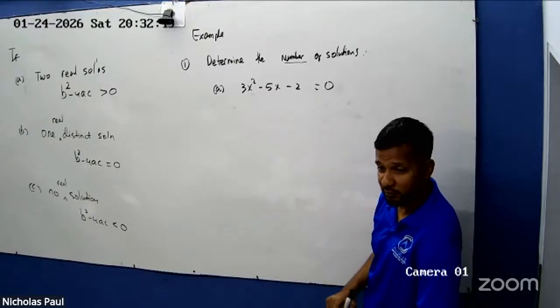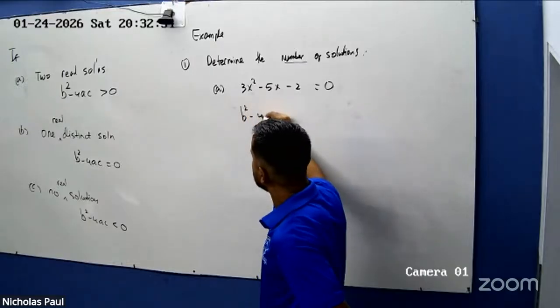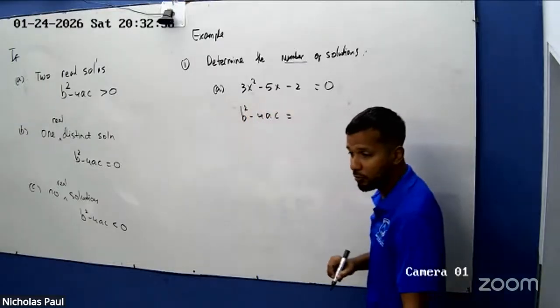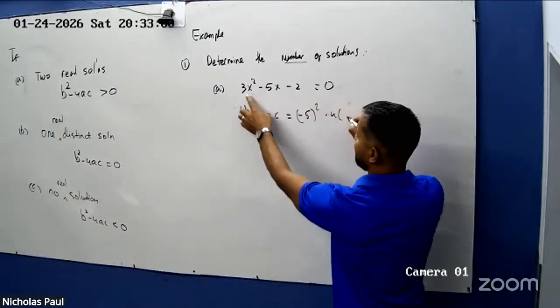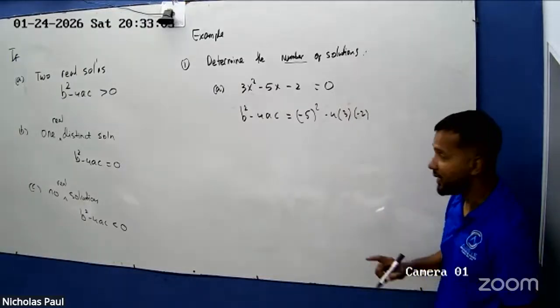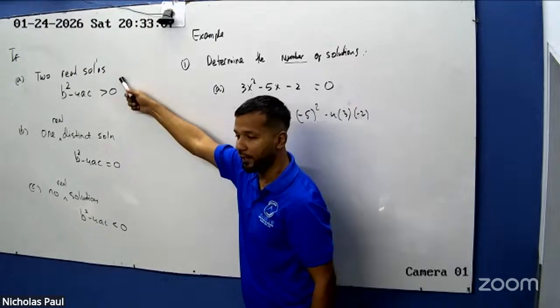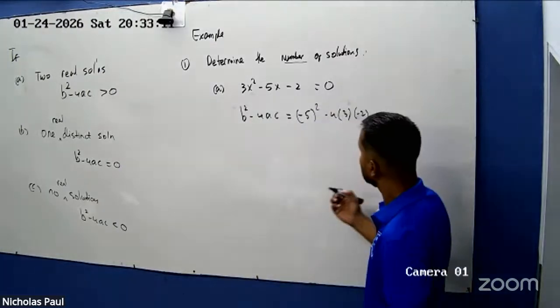Use the discriminant. Find b squared minus 4ac. B squared is minus 5 squared, a is 3 and c is minus 2. If the value is more than 0, we have two solutions. Equal to 0, one solution. Less than 0, no solutions.